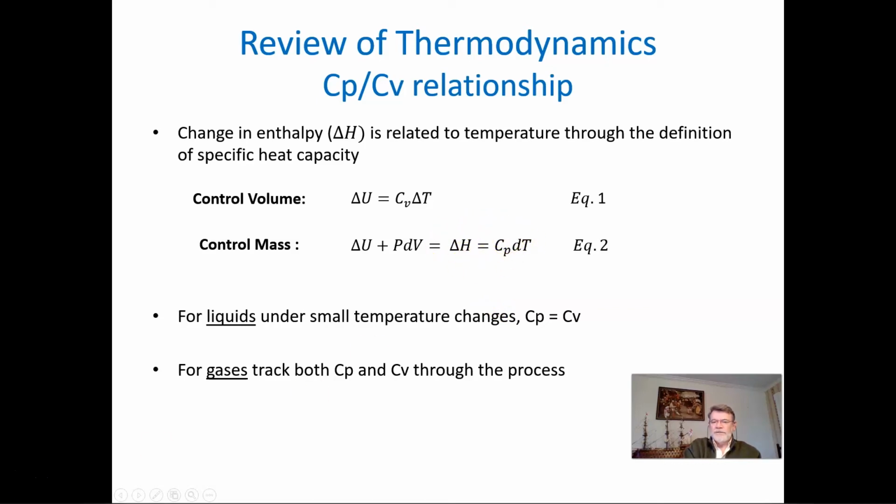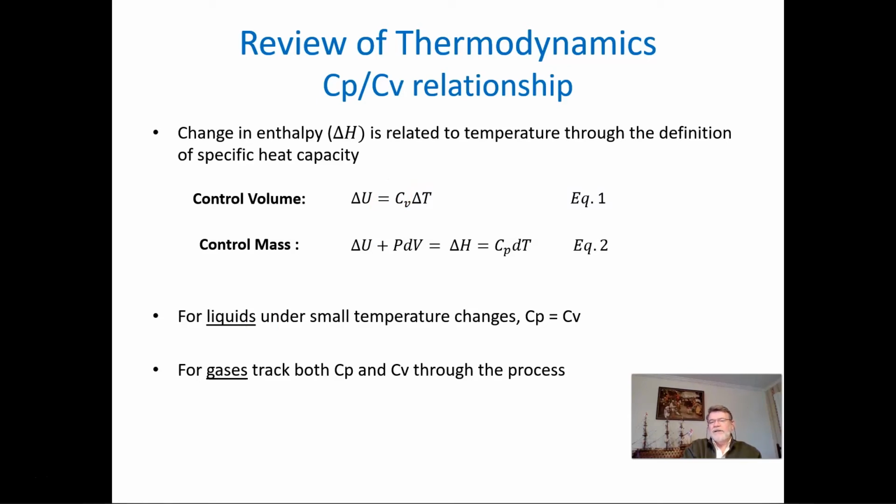So for most liquids, especially if there's only a small temperature change, C sub P and C sub V are almost the same number, and they are approximately equal. So for liquids under small temperature change, they can be approximately the same, so that gamma, which is C sub P divided by C sub V, equals 1.